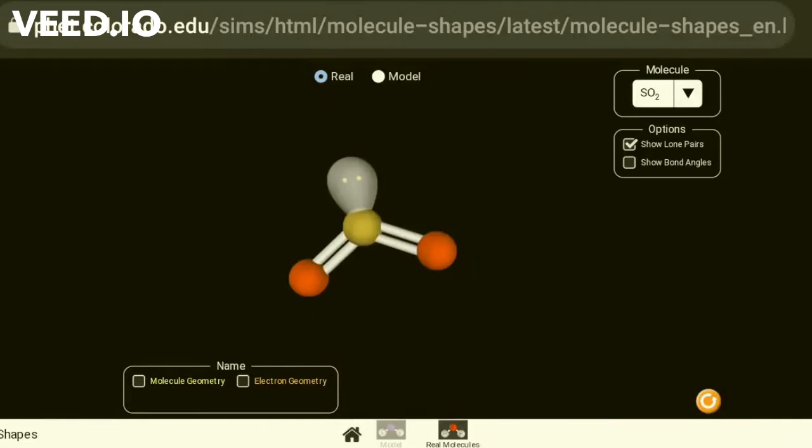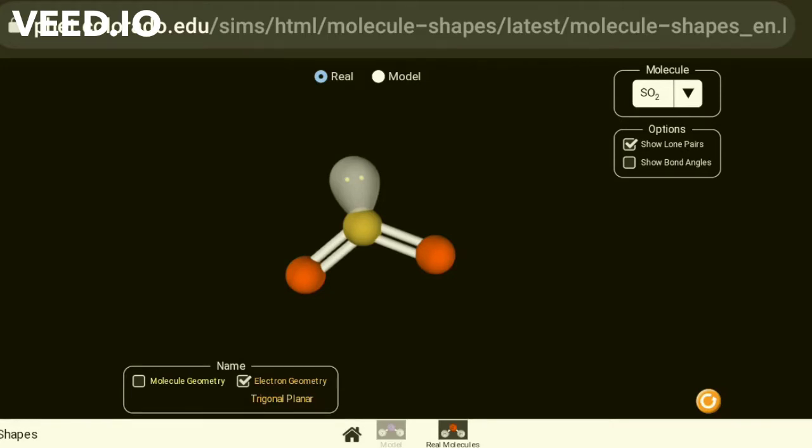So here is our simulation, and this is the structure of our sulfur dioxide. And as you can see here, we have chosen the SO2, which is the sulfur dioxide. The electron geometry of SO2 is formed in the shape of a trigonal planar.